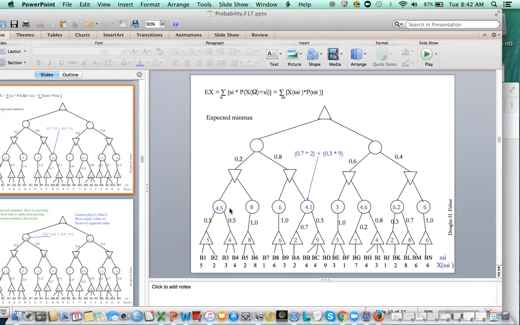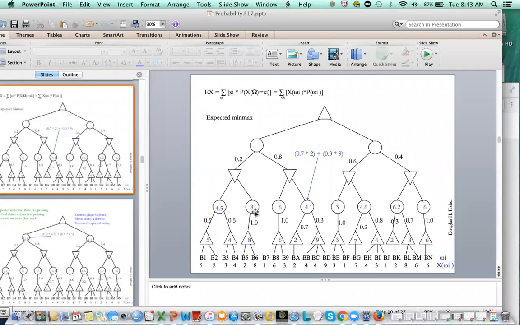And so the expected value of that next level up, you'll see a 4.5, is the expected value of the leftmost, bottommost chance node, because with 0.5 probability a 5 is obtained, with 0.5 probability a 4 is obtained.